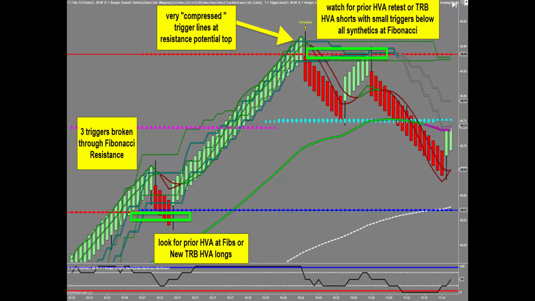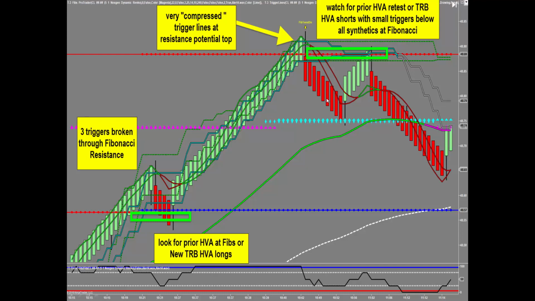Right? Then we have an example of very compressed trigger lines with a close below. Right? If you get a real quick high volume pullback on your smaller bars at 90, you can go short.